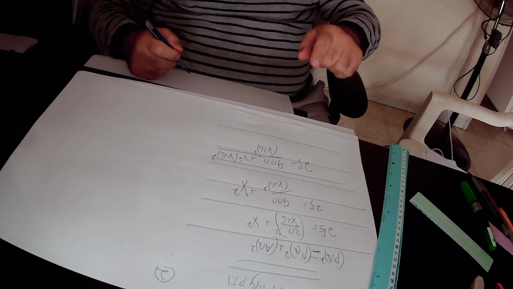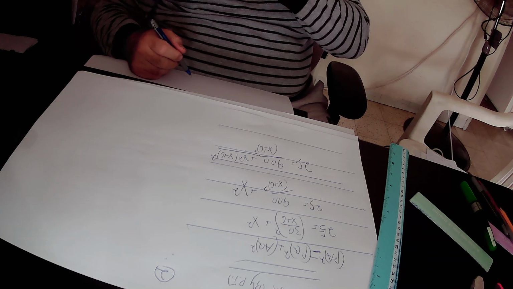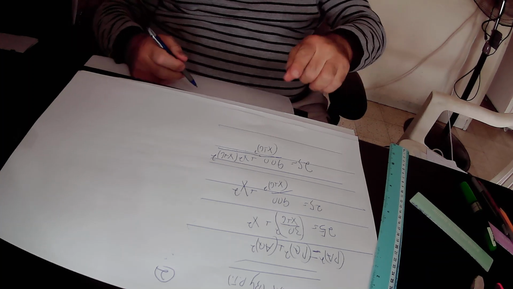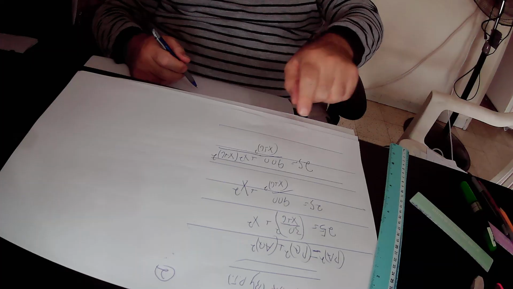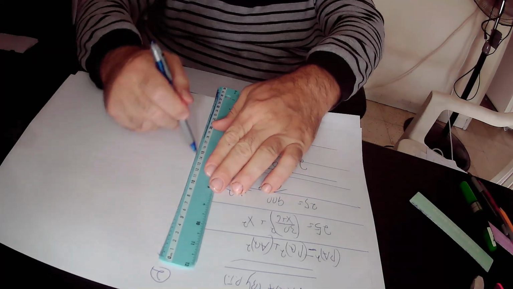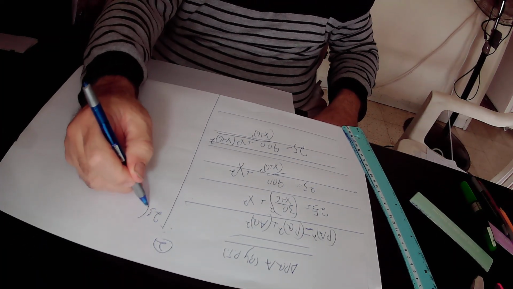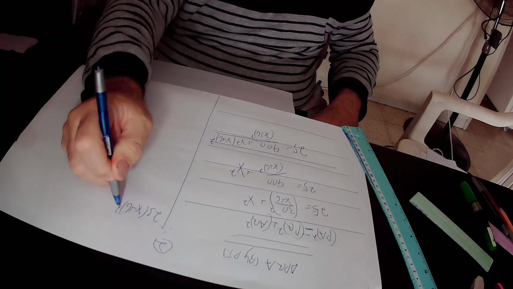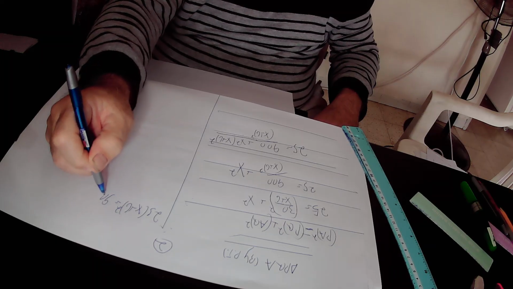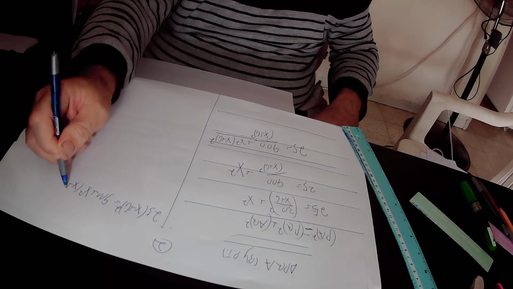So in total, 25 equals 900 plus x squared times x plus 6 squared over x plus 6 squared. If we multiply this equation by x plus 6 squared, we finally get that 25 times x plus 6 squared equals 900 plus x squared times x plus 6 squared.